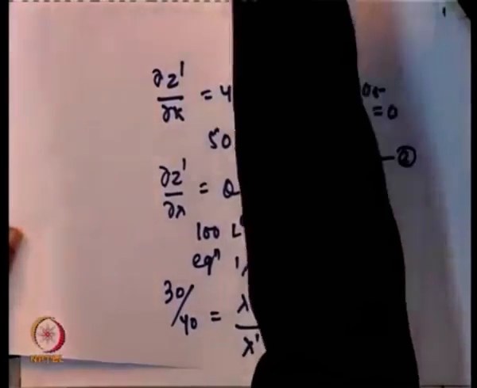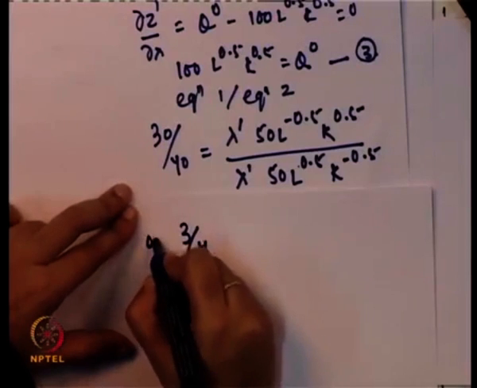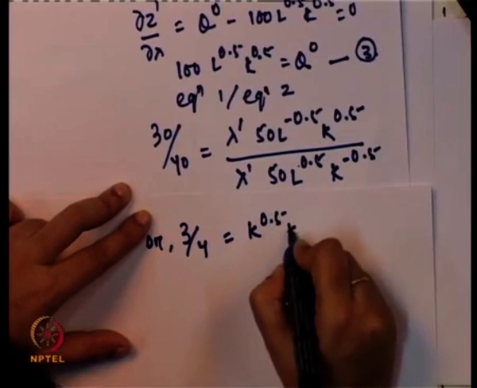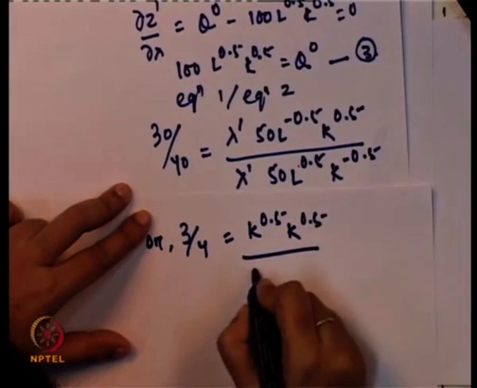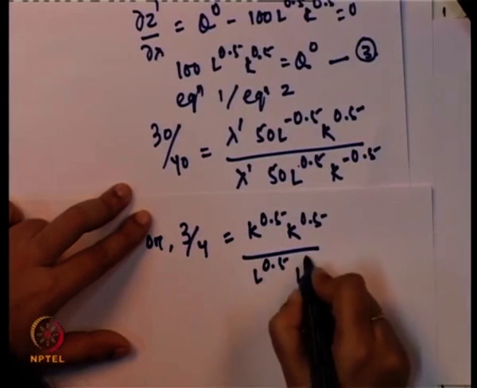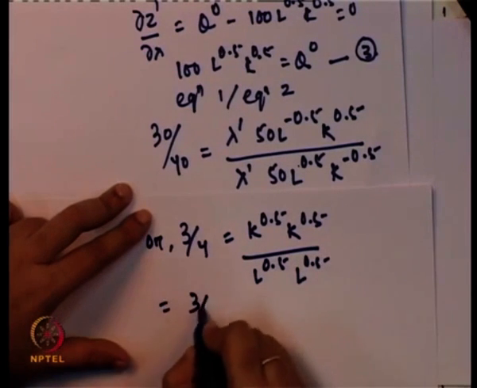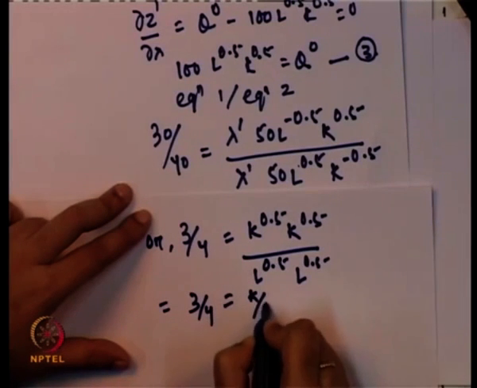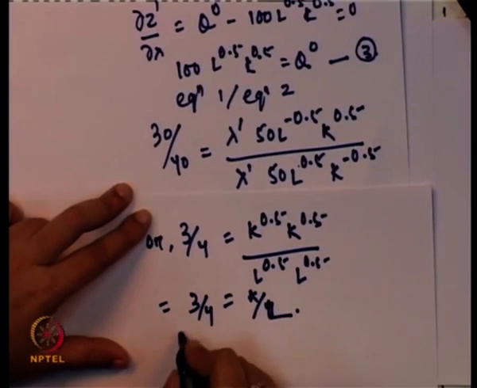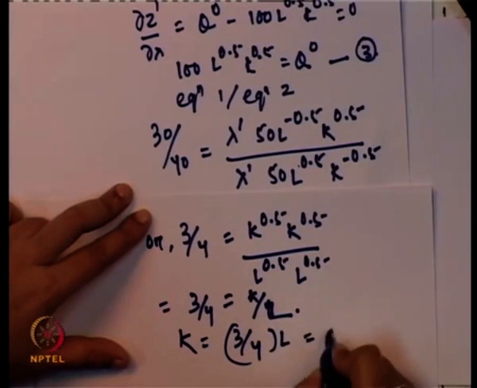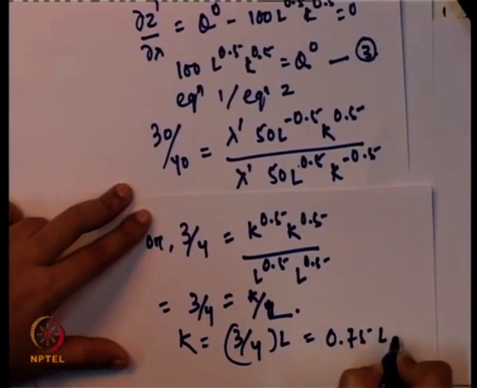Simplifying this, we get 3 by 4 equal to K^0.5 K^0.5 over L^0.5 L^0.5, that comes to 3 by 4 equals K by L. So, K is equal to 3 by 4 L or 0.75 L.